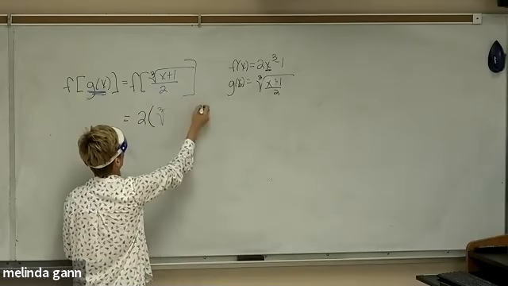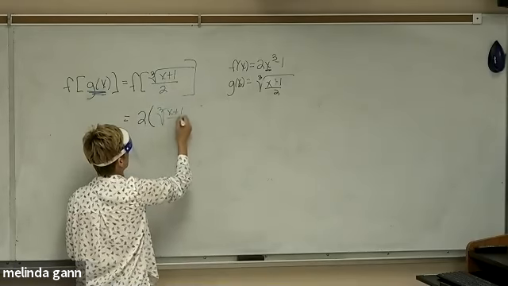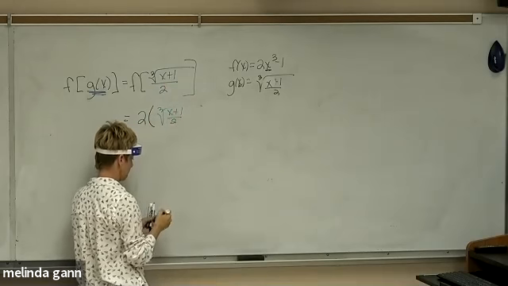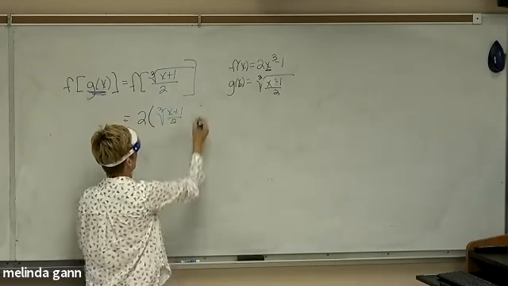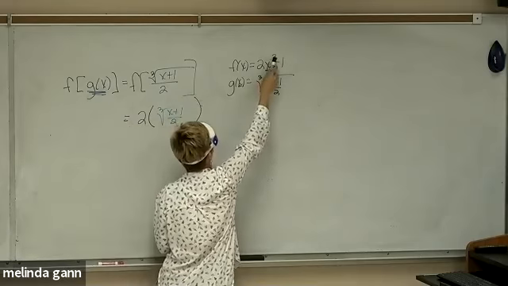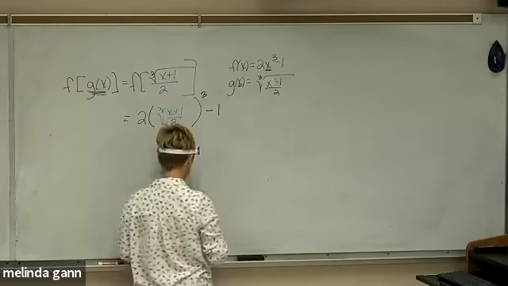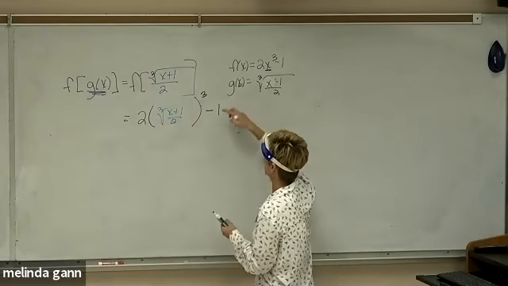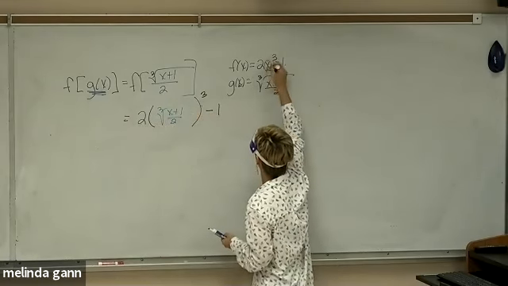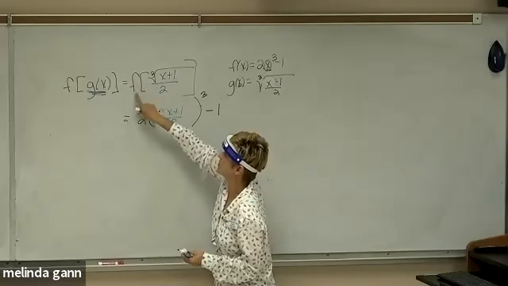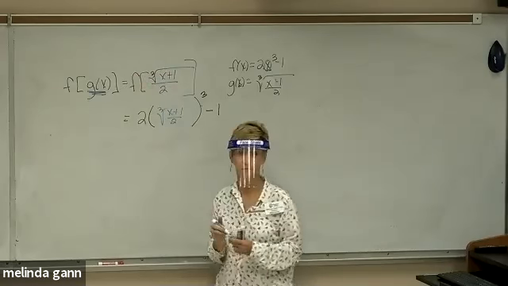The cube root of X plus 1 over 2. Now, what am I going to do to that thing? Cube it and then subtract 1. So all I did was go up here to F, and that X got replaced with that thing. That's what it means to put that in F.